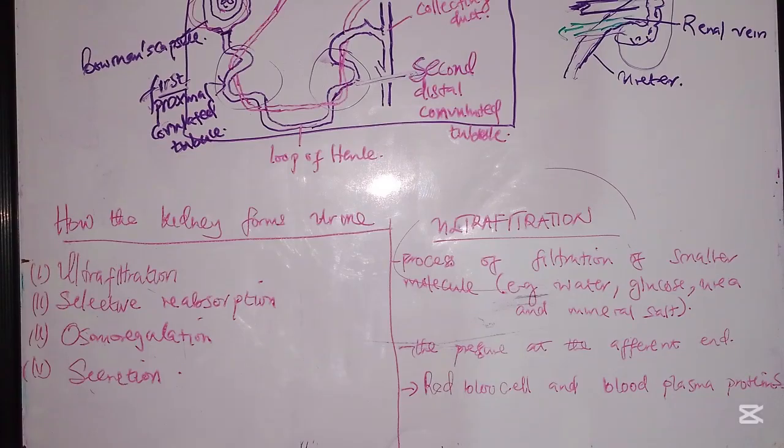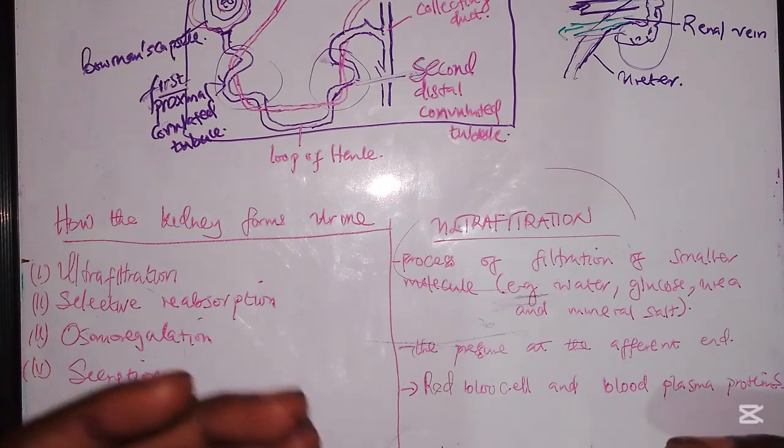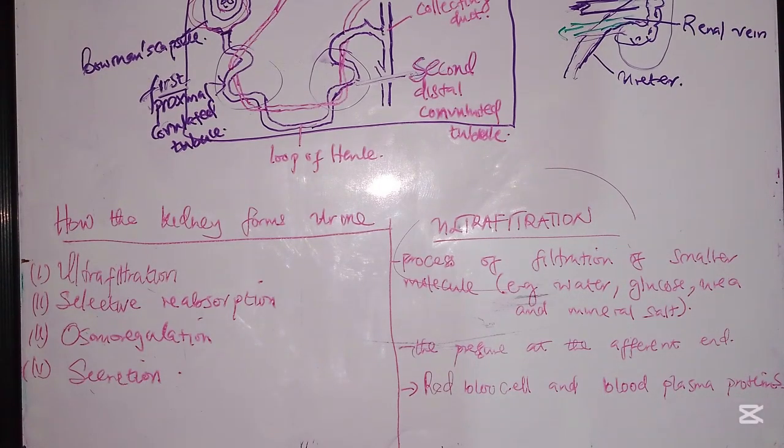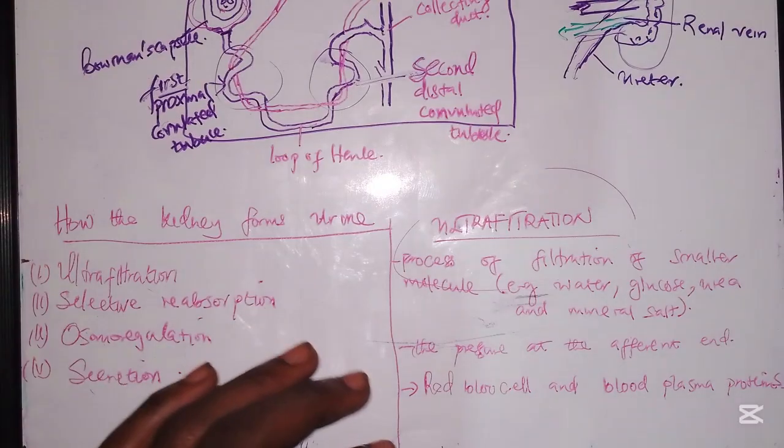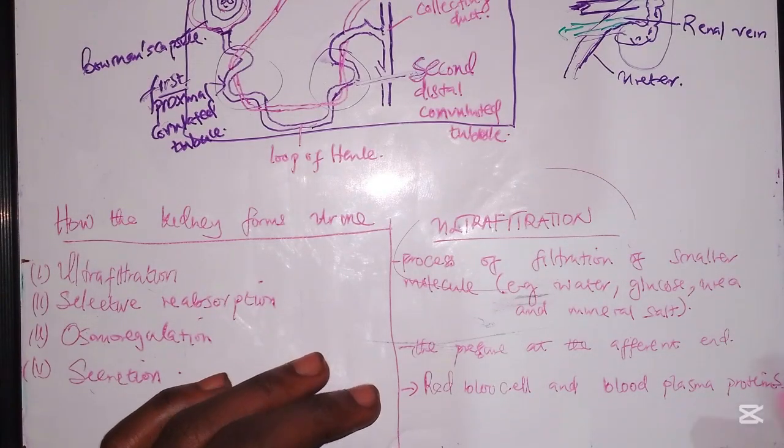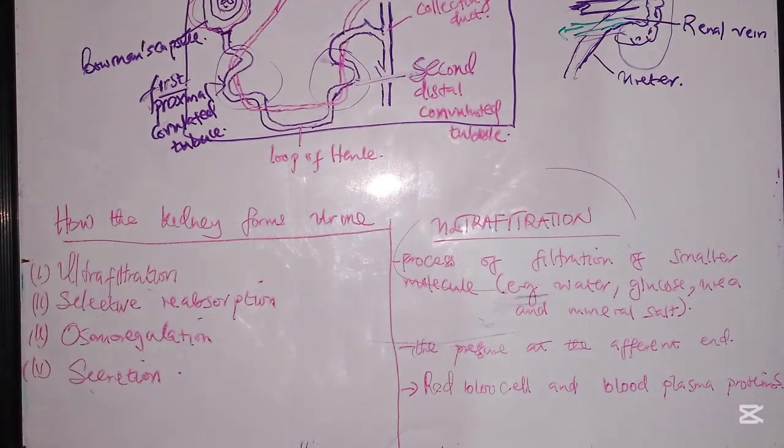To cross. Because we say that filtration, we separate what? Smaller molecules or insoluble substance from a soluble substance, where we say that the insoluble substance will remain on the filter. So in this case, red blood cells and plasma proteins remain on the what? On the filter. Yeah. Then this is how ultrafiltration takes place.